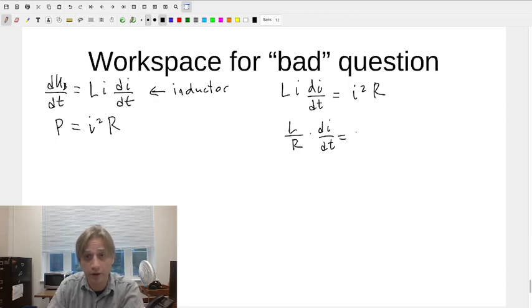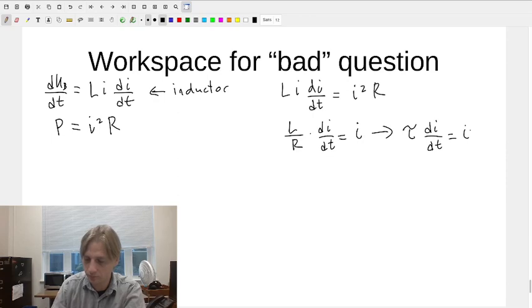I squared divided by I would just be I. So I could rewrite this as just tau times di/dt equals I. Now if I continue on with this, I would need to use my model for I.